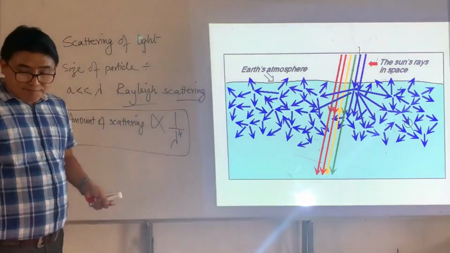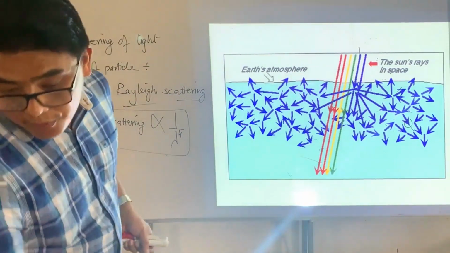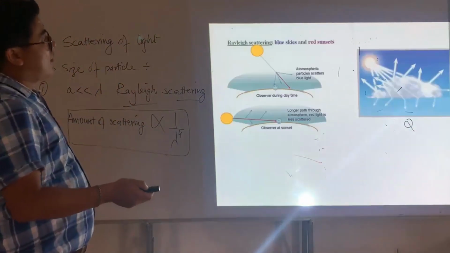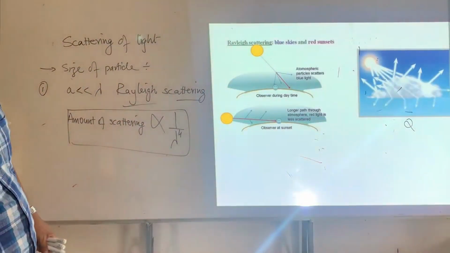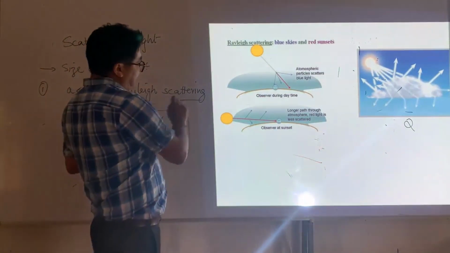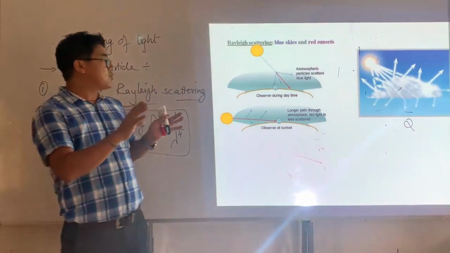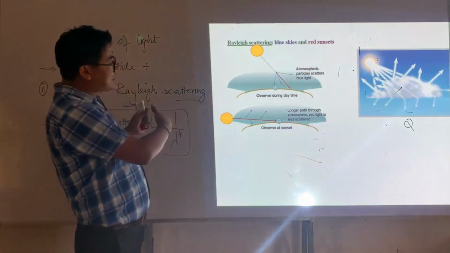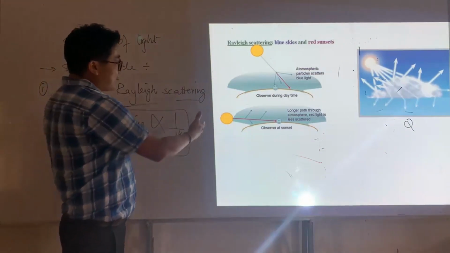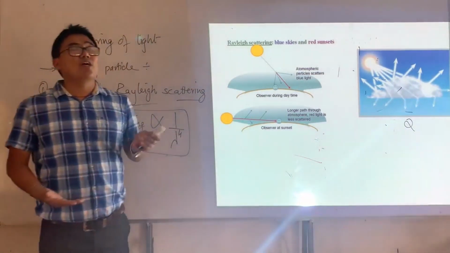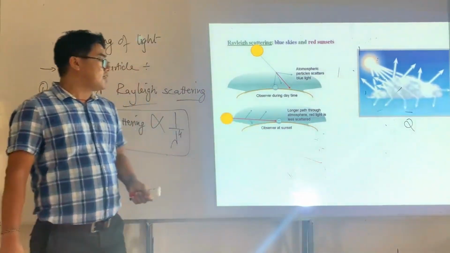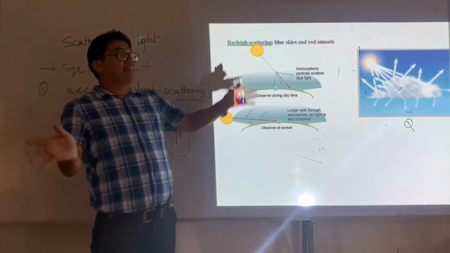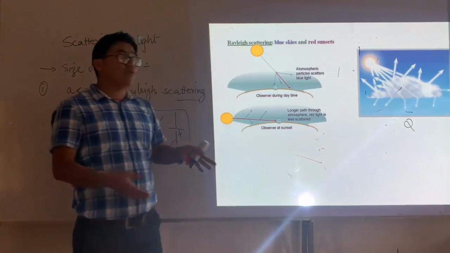Then again, we have why the sun appears reddish during a sunset. Again, this can be explained by this. During sunset and sunrise, the sunlight has to traverse a longer distance in the atmosphere. So the blue colors and all the shorter wavelengths are already scattered, and it is the red which could enter into our eye.